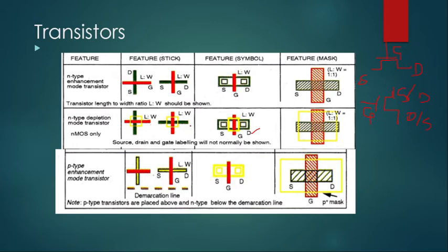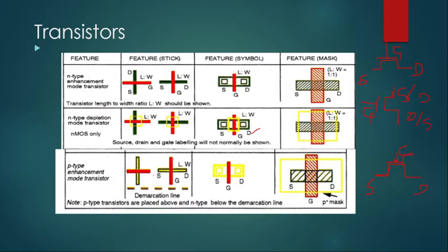Now we come to the PMOS. For PMOS also, if your PMOS is having gate aligned vertically, so vertically it means this will be the source, drain and gate. So you can show this by representing this.